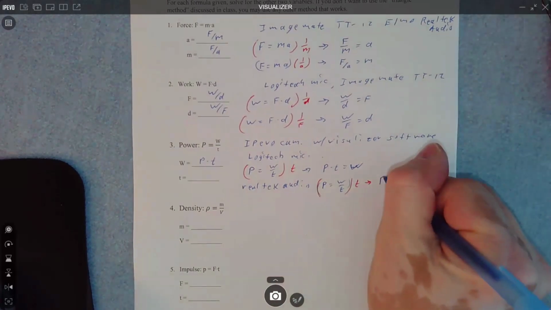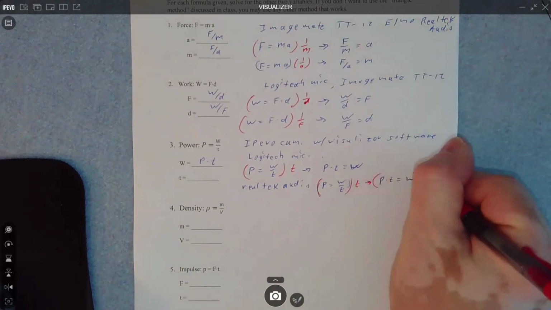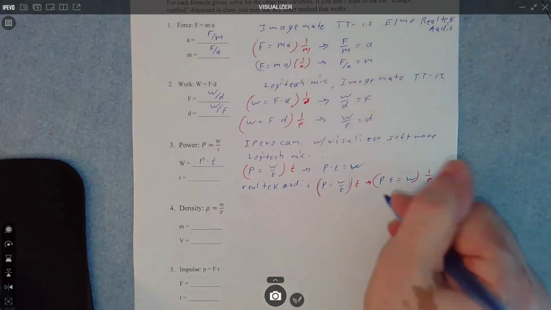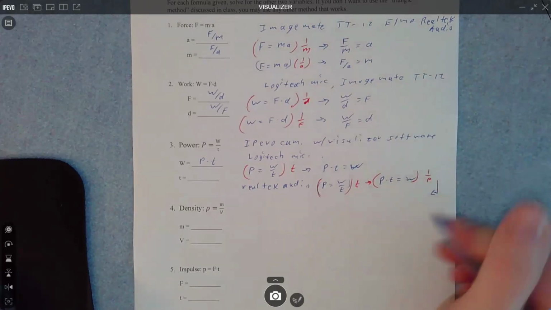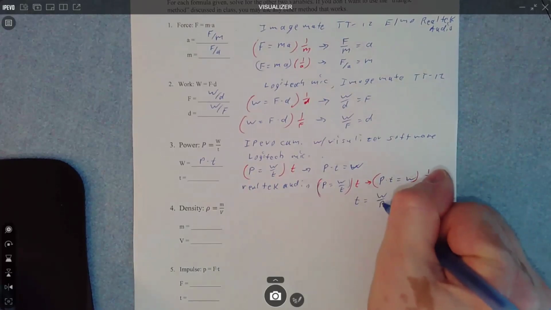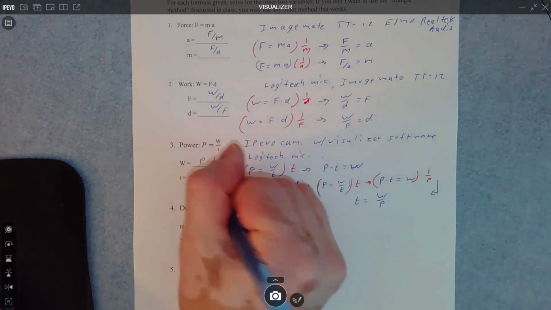And we'll get power times time equals work. And we're going to take this equation and divide by power. So we'll wind up with time equals work over power. So time is work over power.